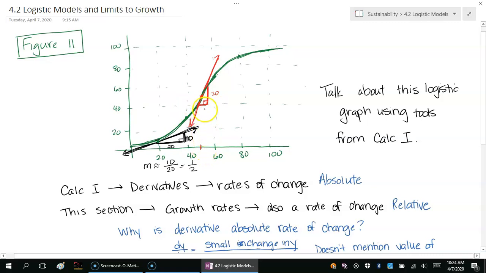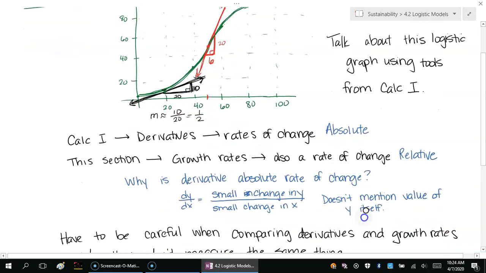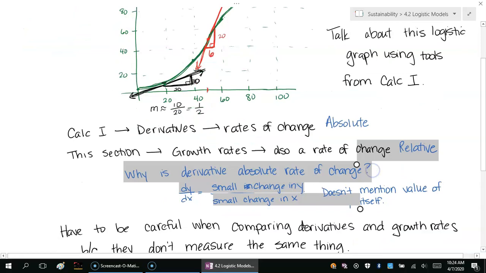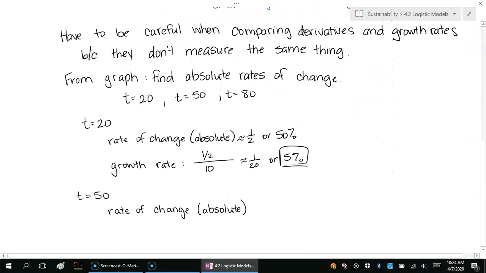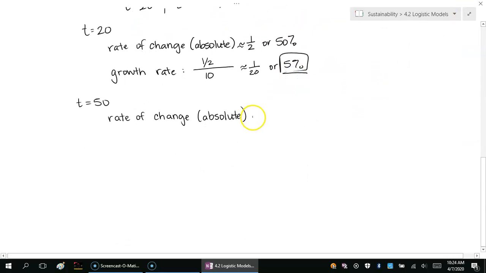So maybe let's call that 6. Which means that the slope of my line at that point is approximately 20 divided by 6, which is 3.3 repeating.